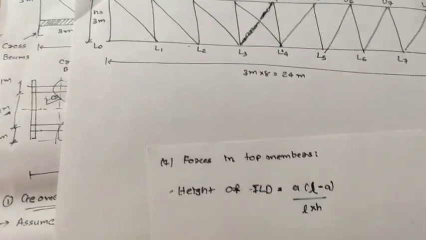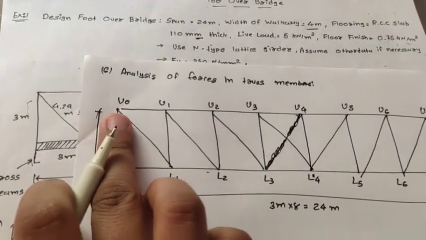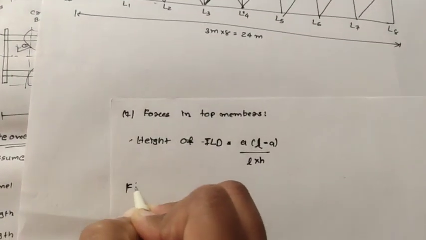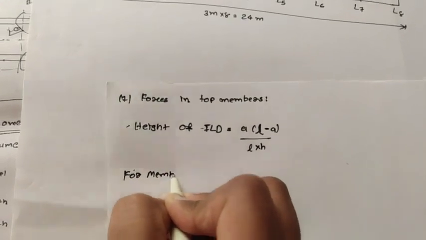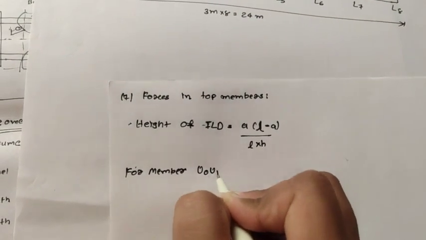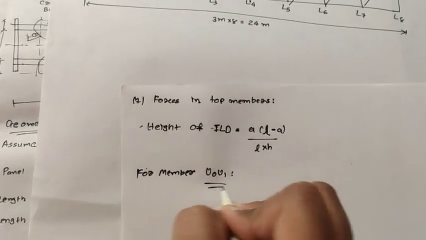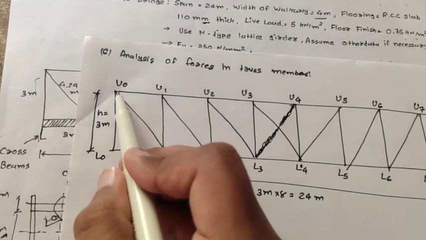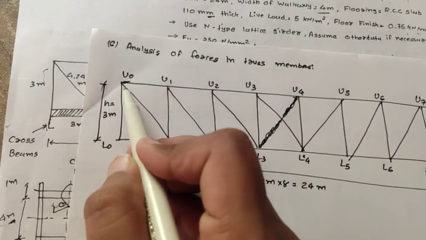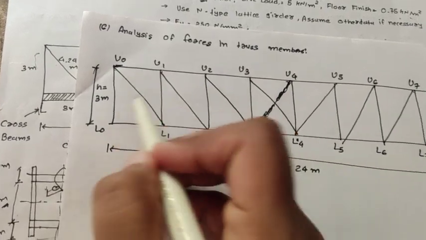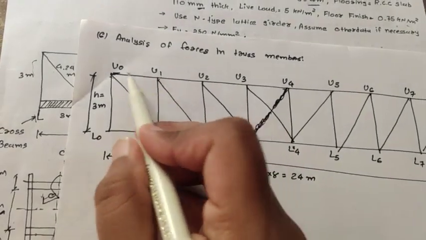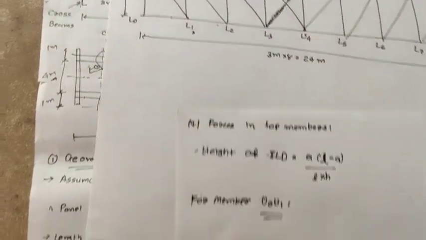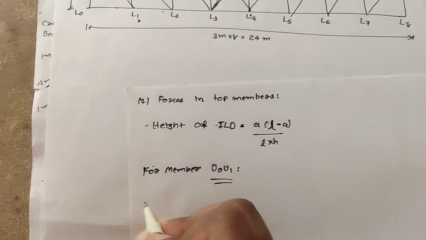So we're talking about the first top member, which is U0 to U1. Write down here, for member U0 U1. The opposite joint which is connected to the U0 U1 member is L1. As you can see, the line of U0 and U1 is oppositely connected to the point L1. So what are A, L and H?